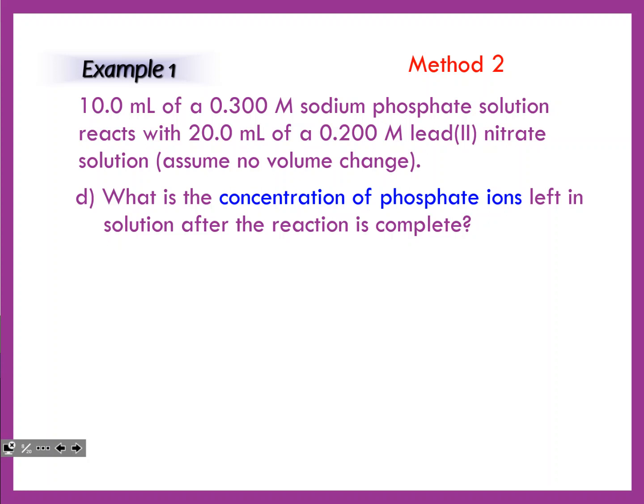The one with the lead in it, right? Okay. So this is the one that we would have to work to the moles of the phosphate. And you're going to see this one takes a little bit longer to do.